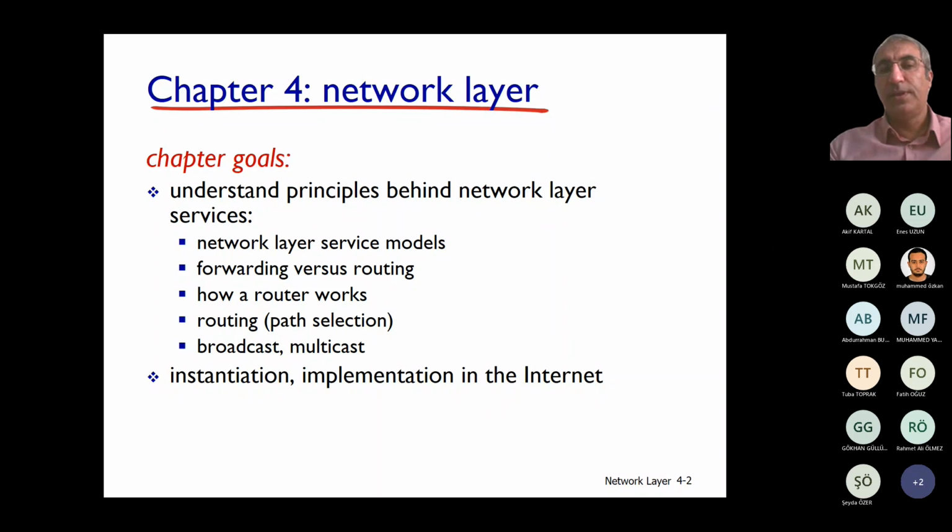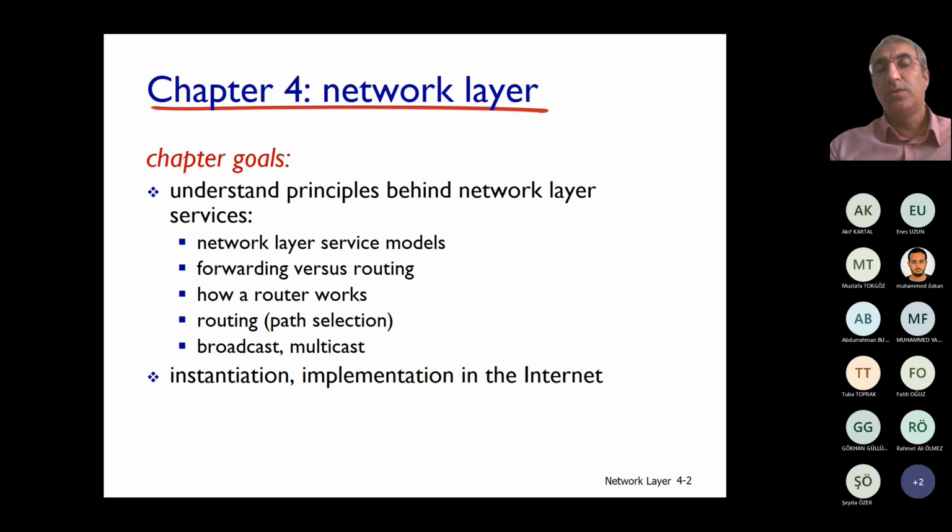So the first thing that we need to study is to understand the main principles behind the network layer services. What are the main functions of this layer? More specifically, what are the services that are provided and what are the service models in this case?